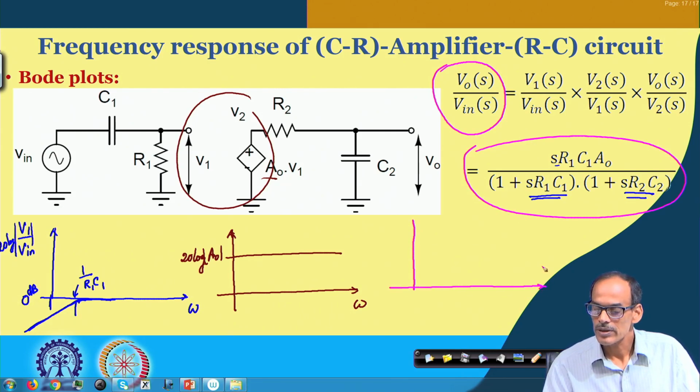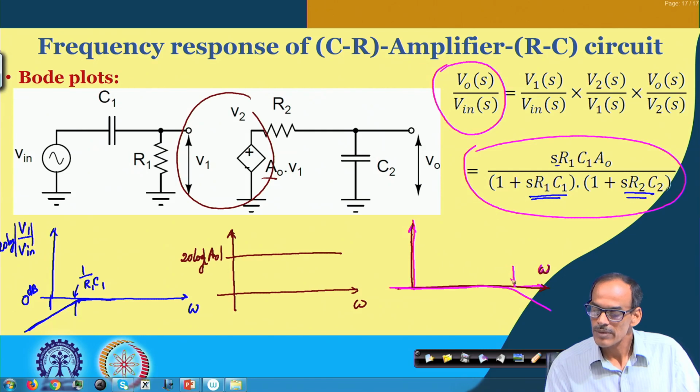it has a low pass kind of behavior, and let me use a different color here. For the axis, let me use this color, and the Bode plot of the RC circuit goes like this, and then it has a roll off like this.